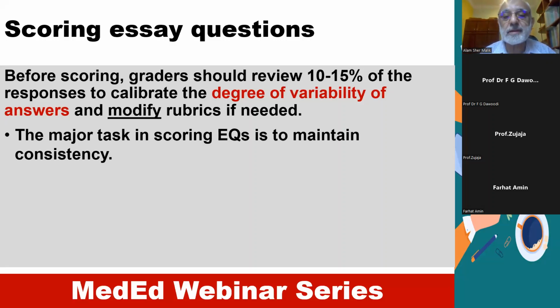This is a good practice. We have been doing that because by going through first, let's say about 10% of the answers, we might find some answers which are acceptable given by the students, but were not included in our original list of acceptable answers. So based on that, we can modify our rubrics to address the degree of variability of answers.